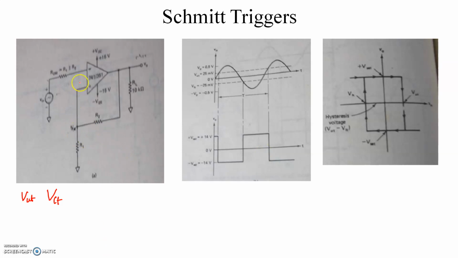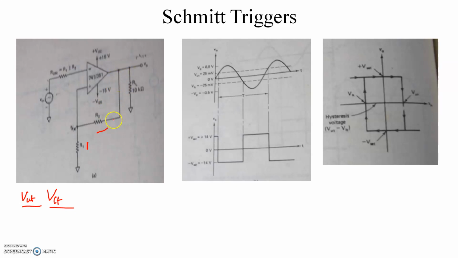In the circuit shown on the screen, the upper threshold voltage VUT and lower threshold voltage VLT are obtained by using the voltage divider R1 and R2. The voltage across R1 is a variable reference threshold voltage which depends on the value and polarity of the output voltage VO.